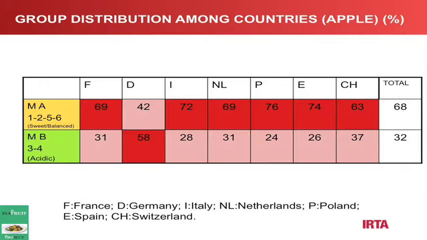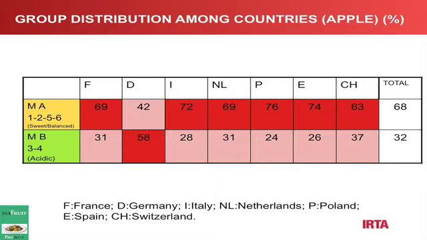Regarding country, this is how the two groups split, 68 and 32%. And then you see the different countries, how these groups are split. And you can see that for most of the countries, the big percentage was in mega group A, the sweet equilibrated varieties, ranging from as low as 63% in Switzerland, up to the highest, 76% in Poland.